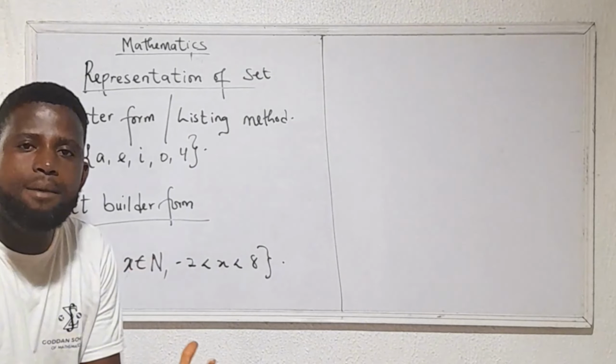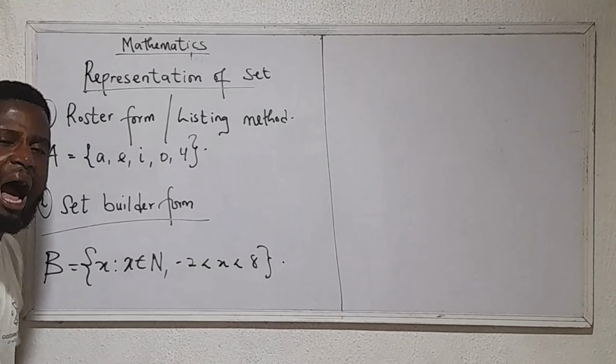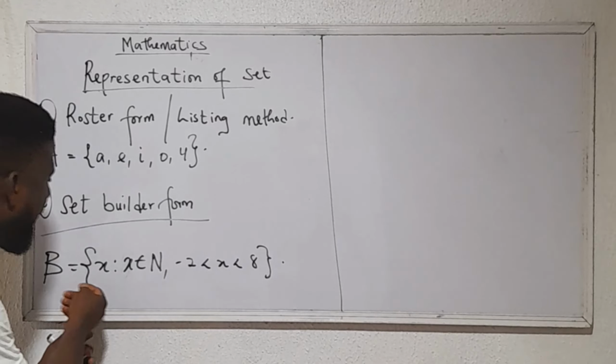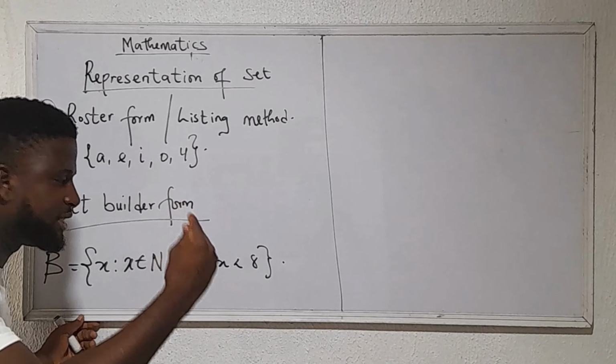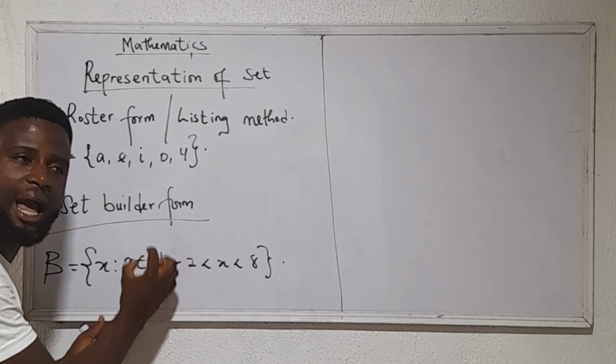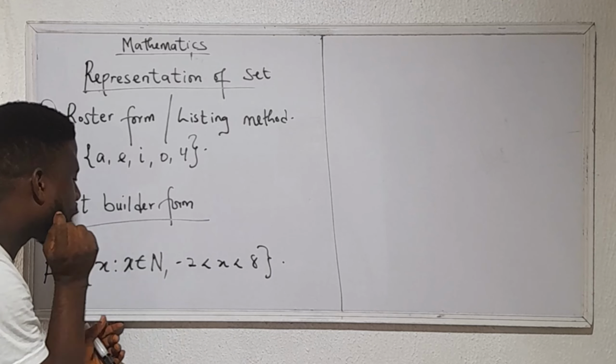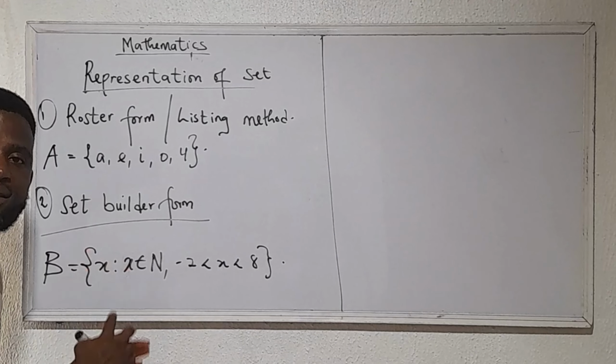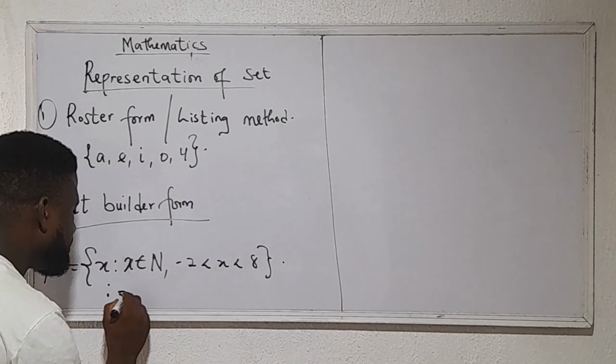Now, the elements of the set B are given a variable, say x. Now, x is further defined to say x is an element of the set of natural numbers. Now, these two dots in set simply means such that.